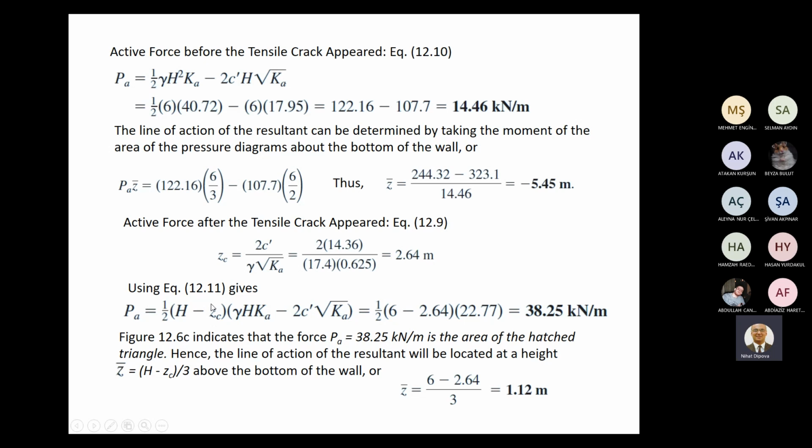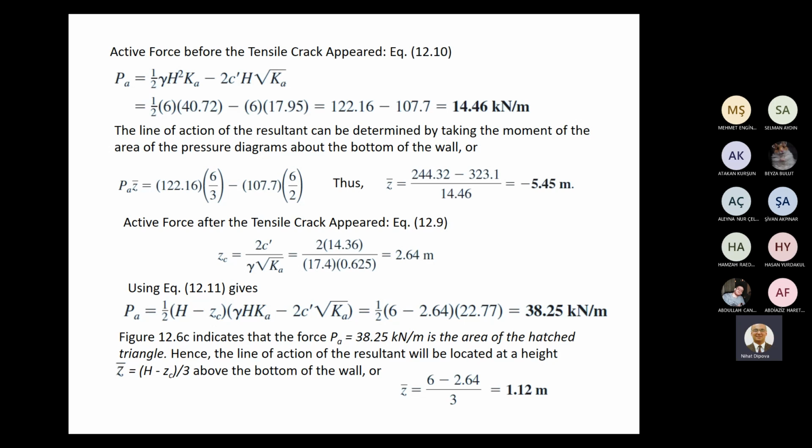And using equation 11, just putting the values here, we just calculated Z sub C, and PA is 38.25. Figure 12.6C indicates that the force PA, 38.25 kilonewton per meter, is the area of the hatched triangle.